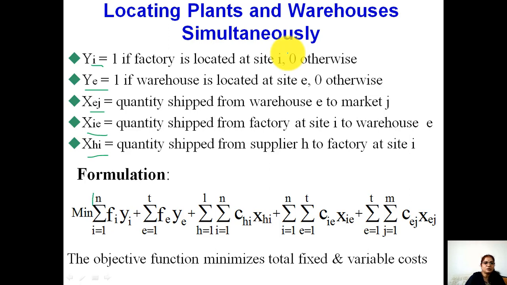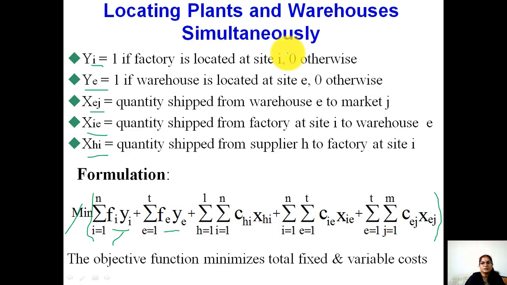After adding all this, you need to minimize. The minimize is not only applicable to the first term. So this is the fixed cost of locating the factory. This is the fixed cost of running the warehouse. If it is open, then the fixed cost gets added up. If y is 0, then no fixed cost for that particular warehouse. Similarly for the plant.